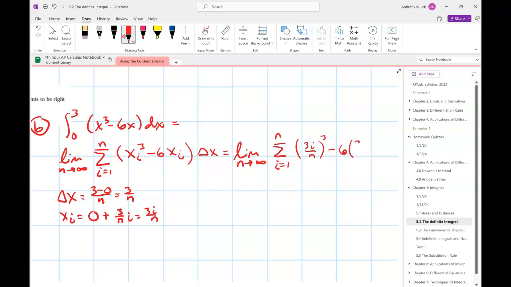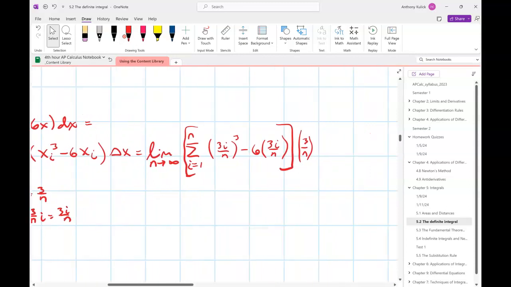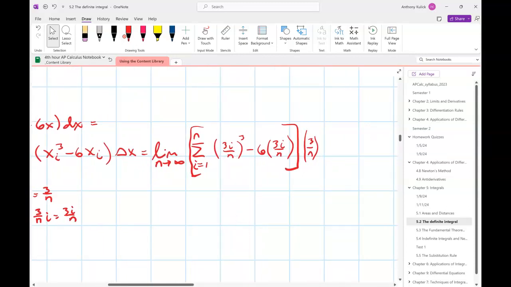And instead of xi, I'm going to write 3i over n. And then I'm going to write my delta x, 3 over n. Is everybody okay with what I've written here? Braden? Okay.